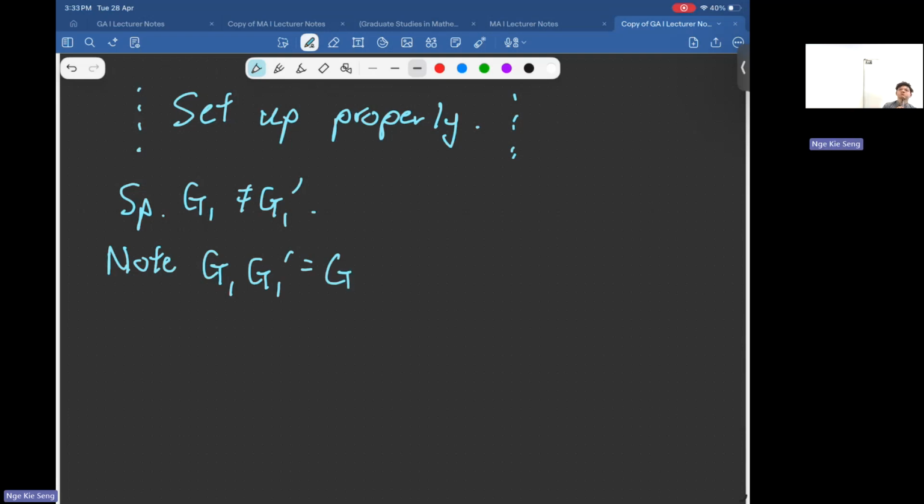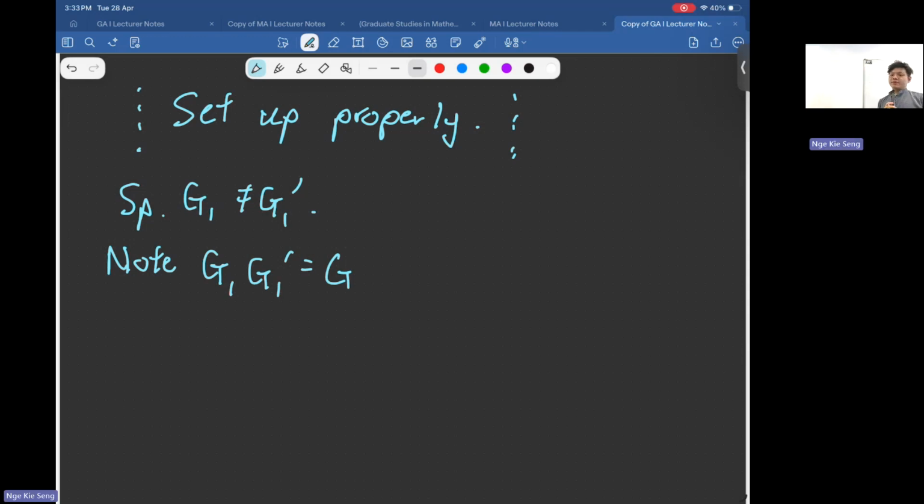Does this make sense? Set out your inductive proof properly. Let's consider G1 not equal to G1 prime. In this class, I try to not write everything word by word; you should figure out what I'm talking about.